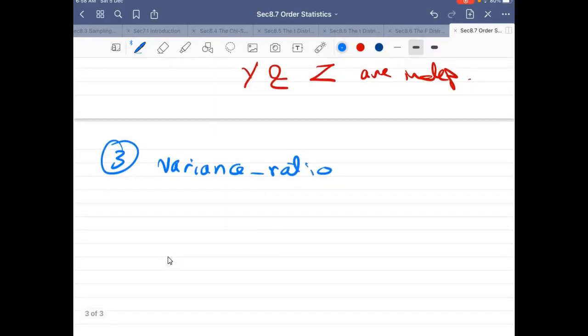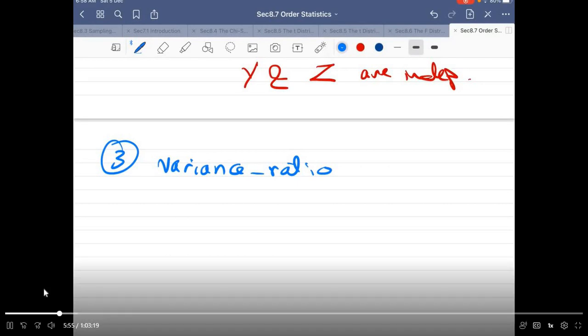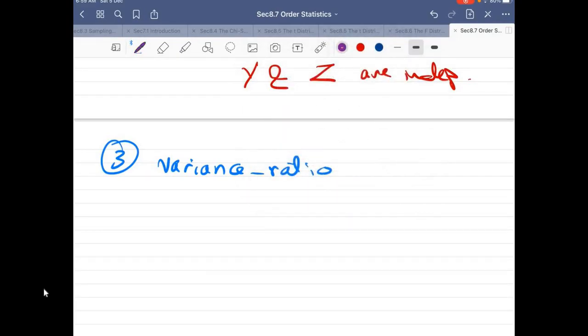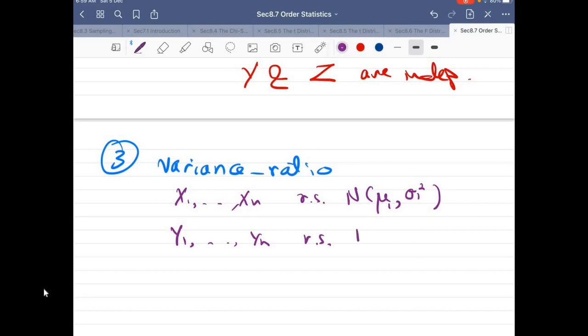Here we compare two normal populations. We have x1 to xn, a random sample from a normal with mean mu1 and variance sigma 1 squared, and another sample y1 to yn, a random sample from a normal population with mean mu2 and variance sigma 2 squared.